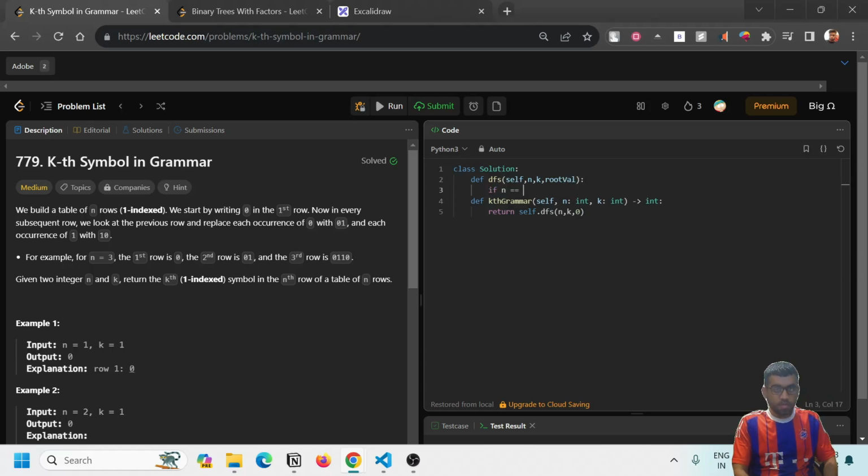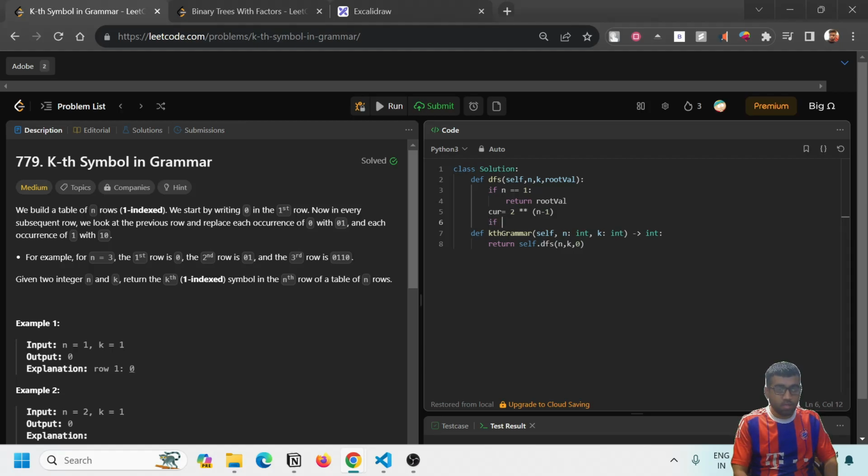If n equals 1, we simply return the root value, since we've already done the job and need to go no further down. Our curve will be equal to 2 to the power n minus 1. Remember, the power is n minus 1, not that we want minus 1 after calculating the power.